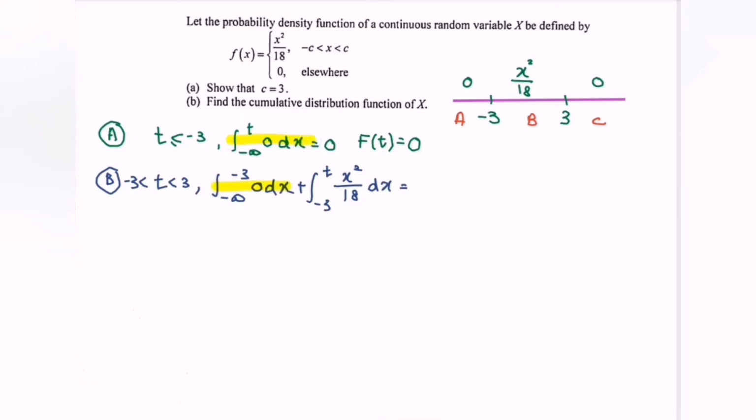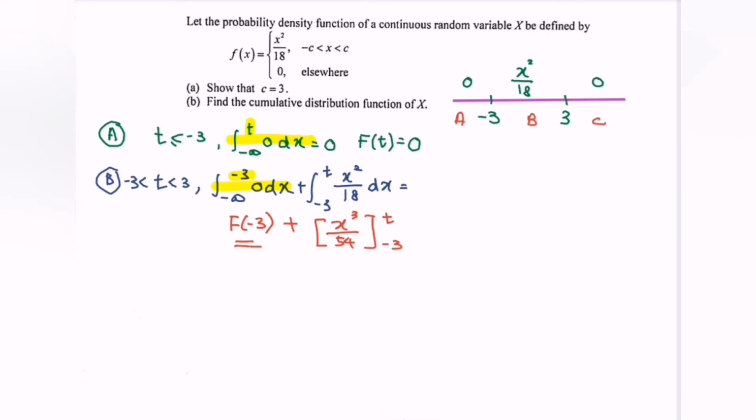Similarly, it is the same as the previous part, just that previously we had t, now we have negative 3. So we can rewrite it as F(negative 3) plus the integral of x to the power of 3 over 54, with the limits t and negative 3. So referring to this part, as we all know, it is equal to 0.